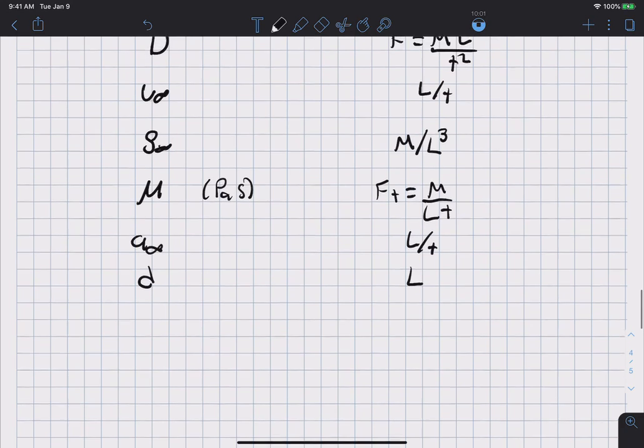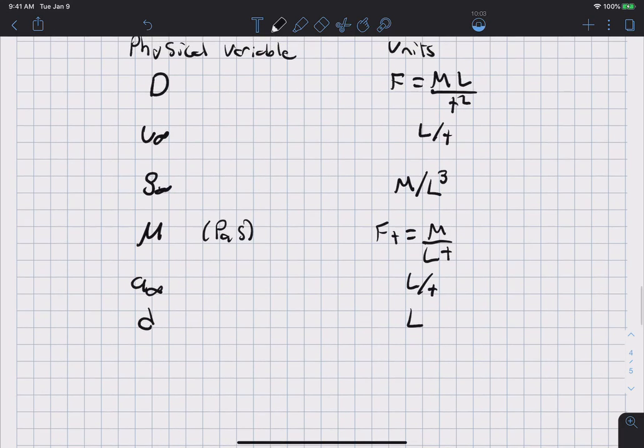Okay, and so we count the number of different types of units here, and I'll be working in the mass-based system, so I'll only be looking at the ones that involve mass, not the ones that involve force. And so we count the number of different units, and we have mass, we have length, and we have time.